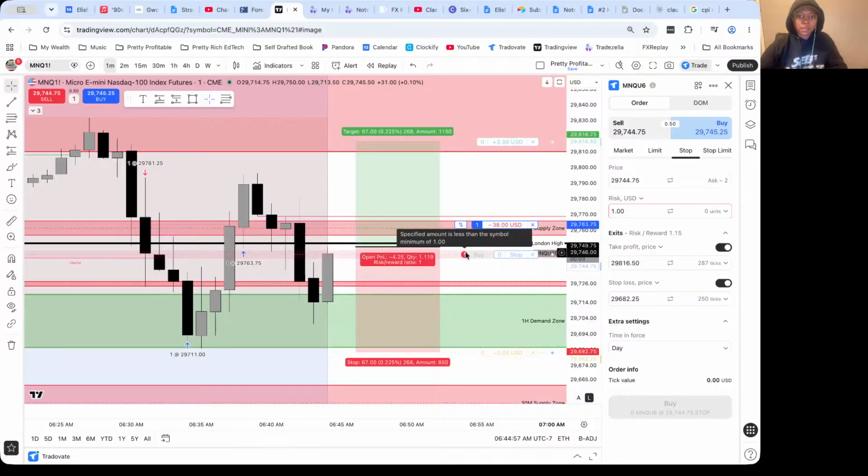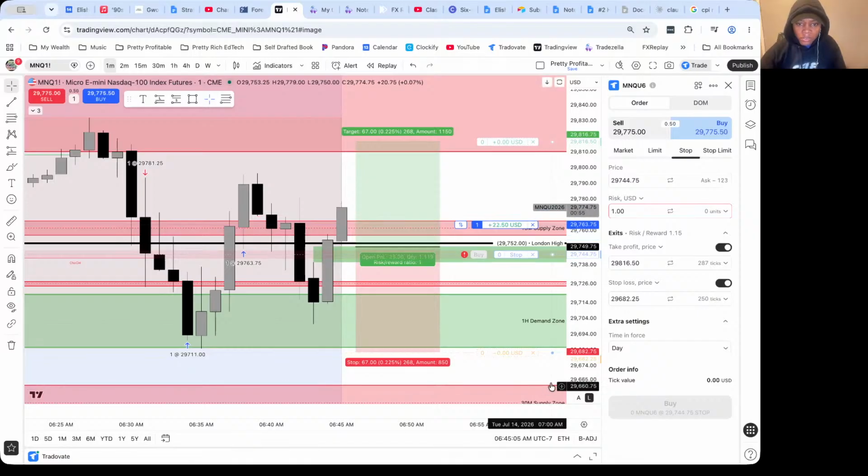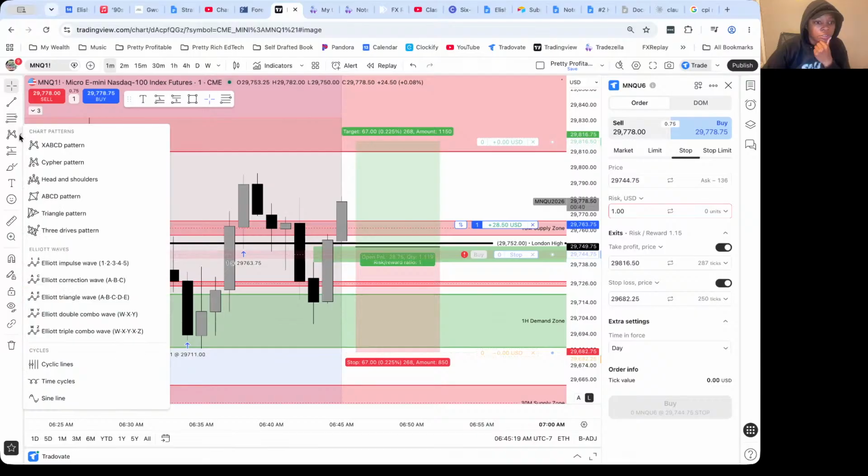Screenshot that. Specified amount is less than the symbol. I don't know what's going on. Alright, so you see I'm continuing to hold the trade. How long have we been in this trade? Am I able to see that? What is it called?